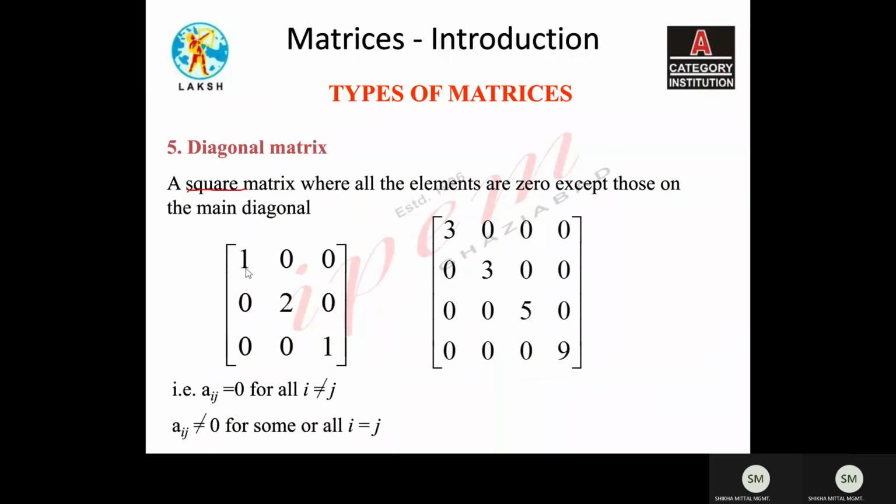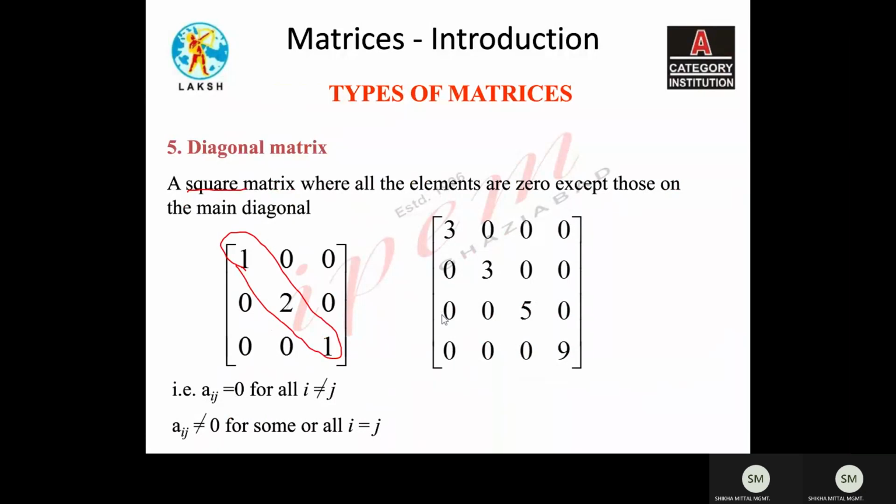That is A11, A22, A33, A44, and so on. So I'm highlighting this, 1, 2, 1. This is our main diagonal. And we can observe all the elements below the main diagonal and above the main diagonal are 0. So this type of matrix is known as the diagonal matrix.